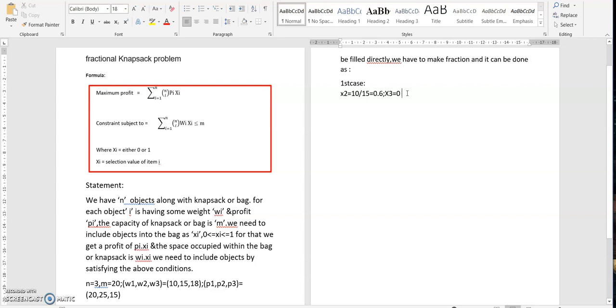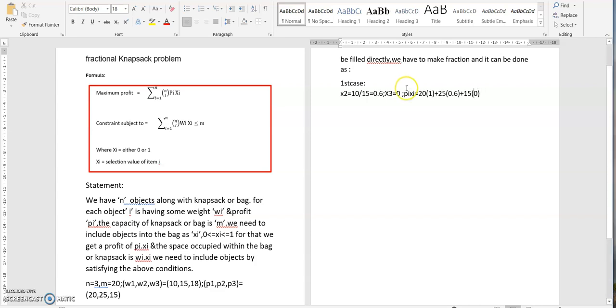Next we have to find Pixi. Pixi is equal to P1x1 plus P2x2 plus P3x3. That means P1 is 20 into 1 plus 25 into x2, which is 0.6, plus 15 into, sorry, 0.